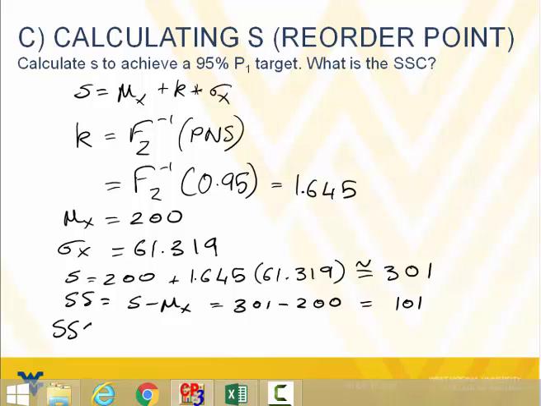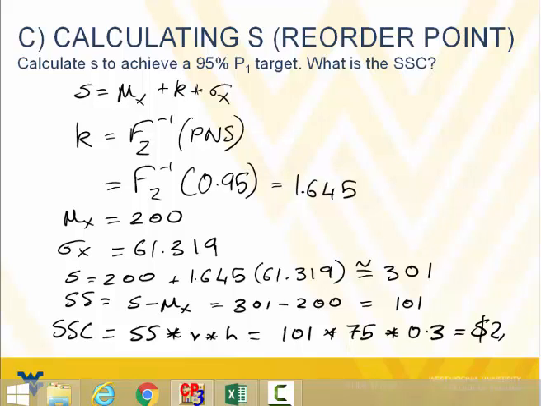And our safety stock cost is equal to safety stock times the value times the holding cost, which is 101 times $75 times 30%, which gives us a total of $2,272.50.